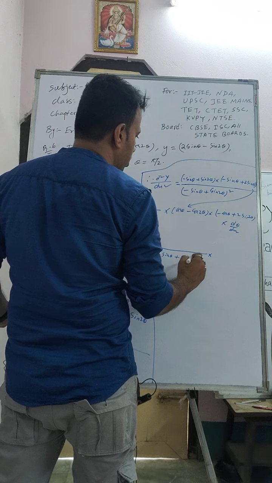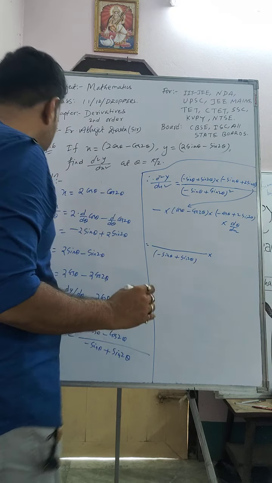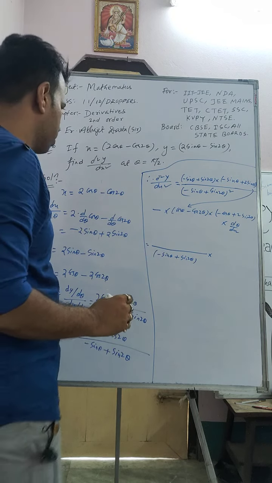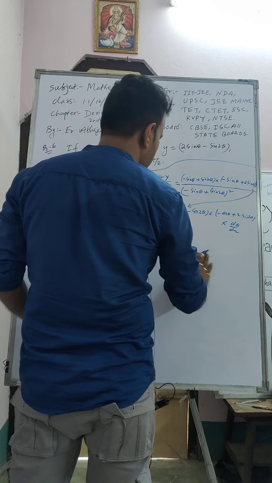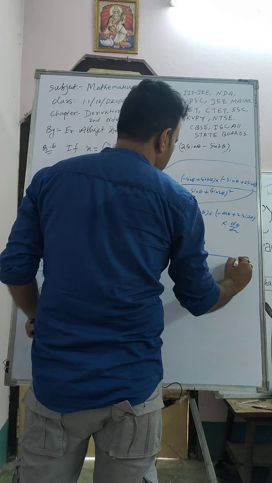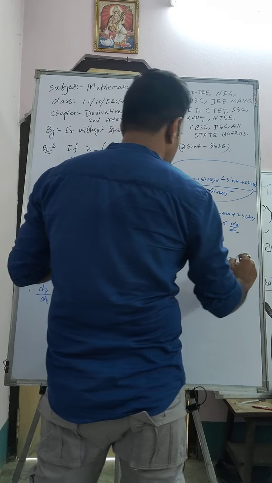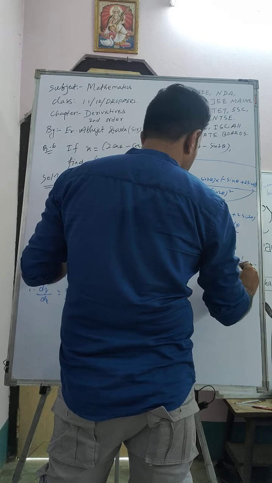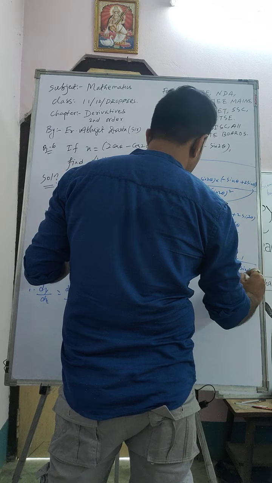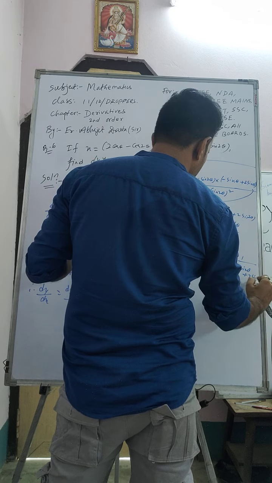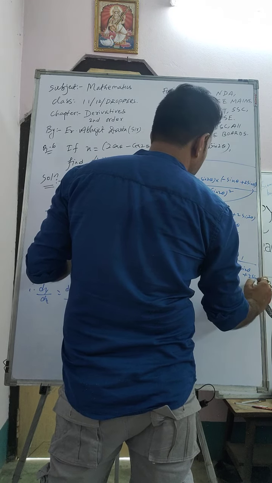So it's a long process. And d theta by dx is what? It is 1 by minus 2 sin theta plus 2 sin 2 theta.